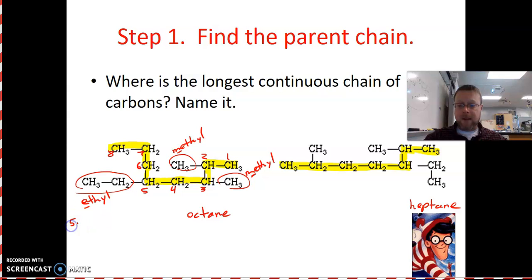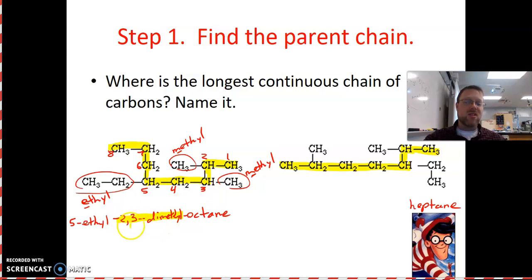would be 5-ethyl-2,3-dimethyl octane. Now I want to focus on just this portion here for a second. Notice we've got 2 methyls, one's attached at 2 and one's attached at 3.